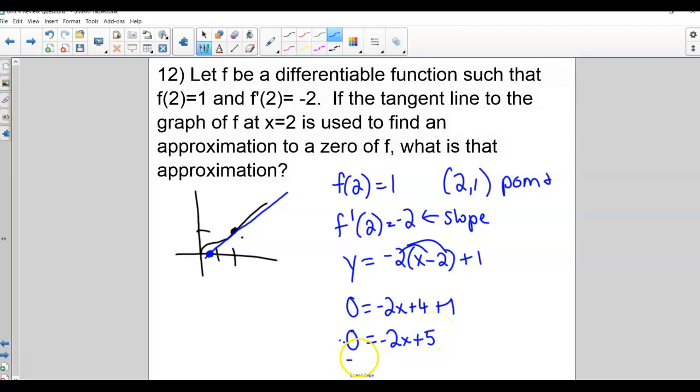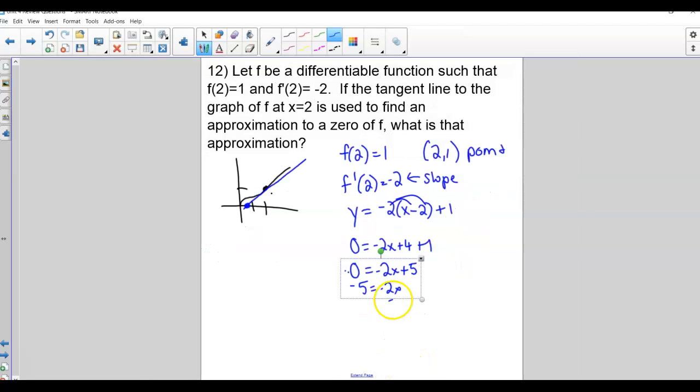We'll move that 5 over, so negative 5 equals negative 2x, and then divide by that negative 2 there. So we would get 2.5 or 5 halves as the approximation for our 0. So it would be approximately x equals 2.5.